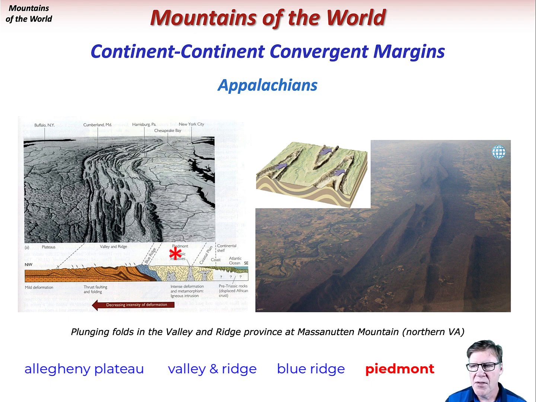Some of this province is actually covered by younger sedimentary rocks farther east. The Allegheny Plateau province forms the western margin of the mountain belt and is composed of gently deformed to flat-lying Paleozoic sedimentary strata. The Valley and Ridge province lies in between the other two and represents a fold and thrust belt of Paleozoic and older rocks.